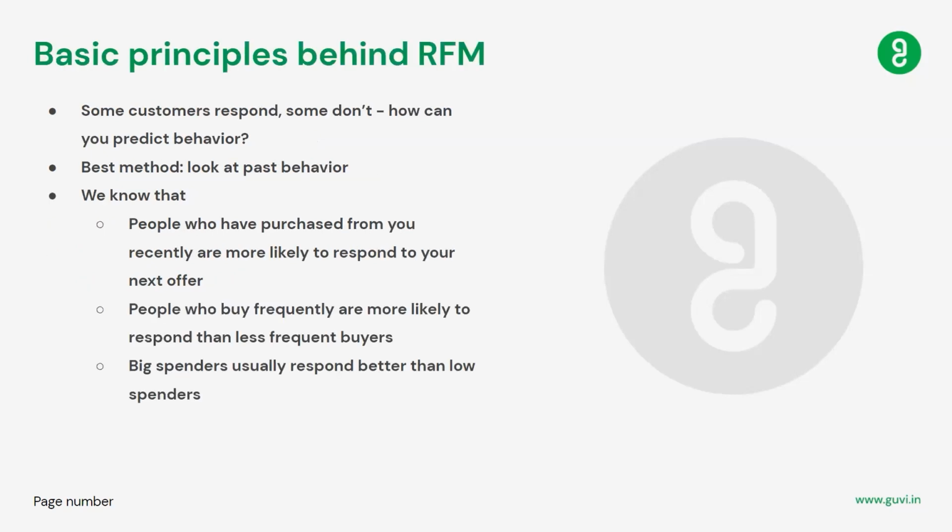So there are some basic principles behind RFM and how to go about them. Some customers respond, some don't, and how can you predict the behavior? Maximum of your sales comes from 20% of the customers on the platform.